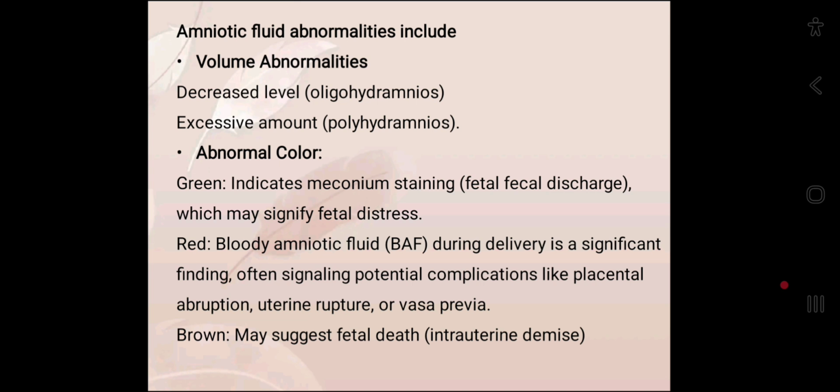Meconium is fetal fecal discharge, which indicates fetal distress. Red or bloody amniotic fluid during labor is a significant finding and may indicate placental abruption, uterine rupture, or vasa previa. Also, brown amniotic fluid may suggest fetal death or intrauterine fetal demise. These are the abnormalities of amniotic fluid.